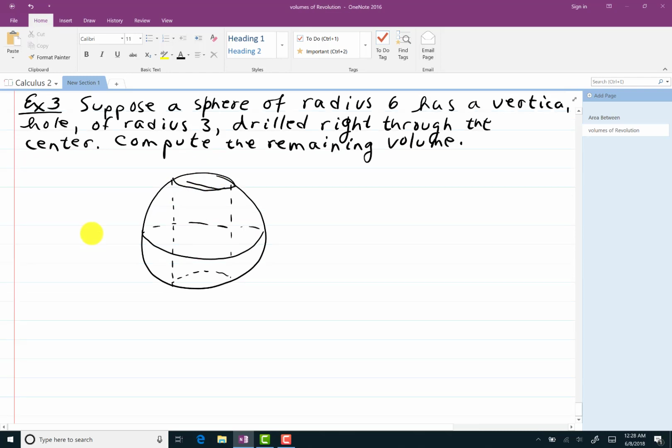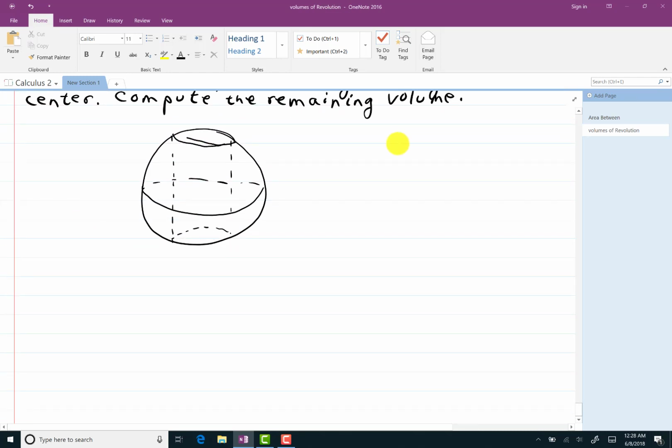Now, a lot of people think that what you take out is simply a cylinder. If you don't think about it very much, you'll think that what comes out of there is simply a cylinder. And that's not the case, because a cylinder has a flat top and a flat bottom. This does not have a flat top. This is a sphere that it's drilled into, and it does not have a flat bottom. That makes a difference.